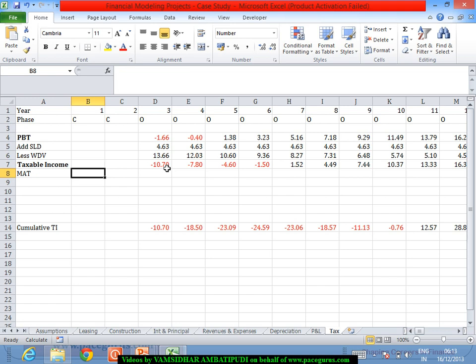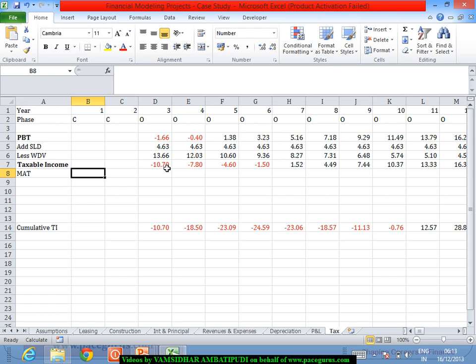So though I am paying it, I can get the credit for it at a later point in time. Though I am paying the MAT now, I will get the MAT credit, meaning when I am actually going for a payment of the tax, I will still get the credit for the same. So that is where we are talking about the MAT credit.